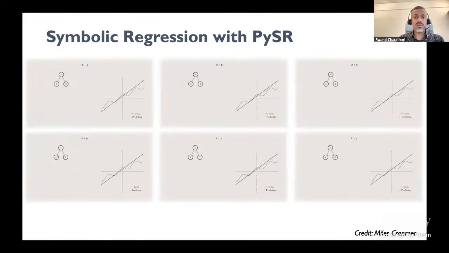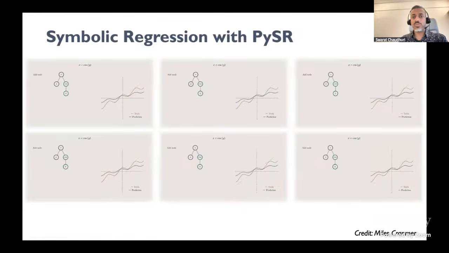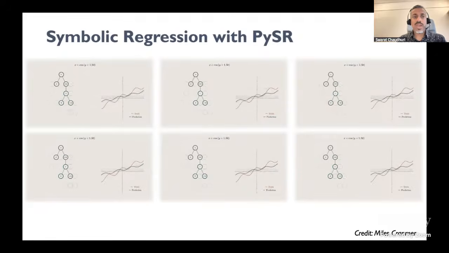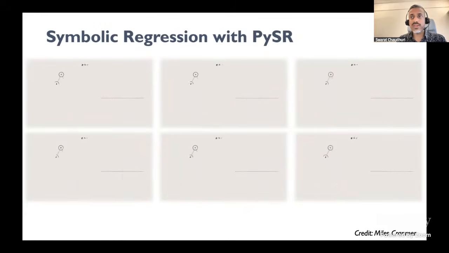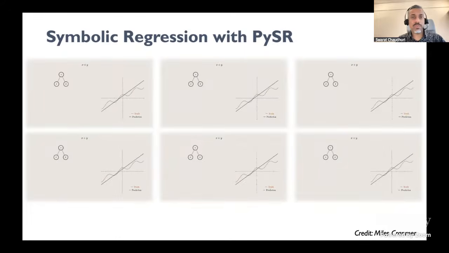So one of the most established approaches to symbolic regression is genetic programming. And here are some visualizations from a system called PySR, which is quite popular in this space. And so what's going on here is that you have a pool of candidate expressions, candidate equations being maintained.